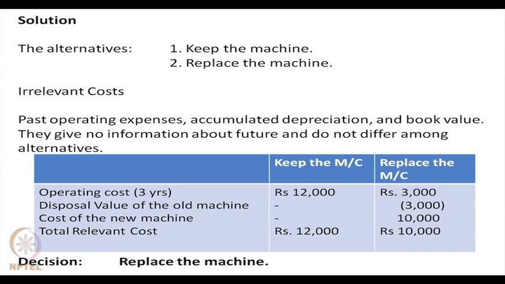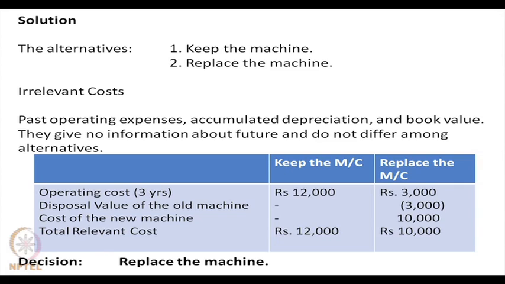Past operating expenses have no future implications, accumulated depreciation and also book value, they do not influence the future costs and they do not differ among the alternatives. Therefore, such information is irrelevant.